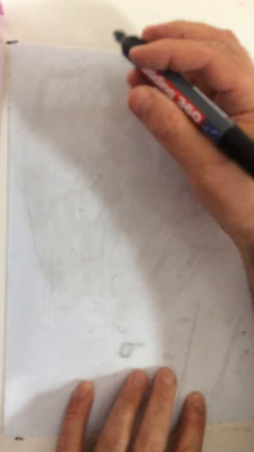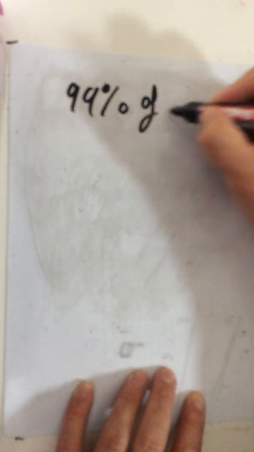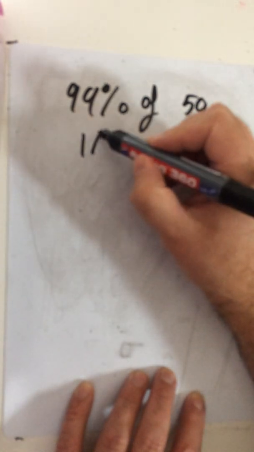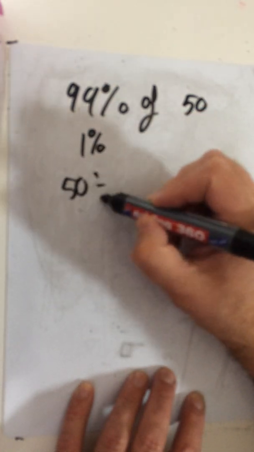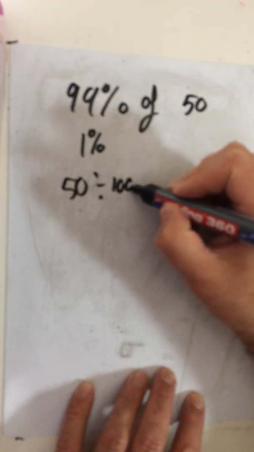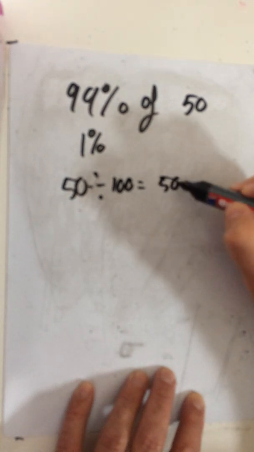So really, as long as I can do those basic ones of 25%, 50%, 10%, 1%, I can kind of find any number. If I wanted to find 99% of 50, actually I would find 1% of 50, so that's 50 divided by 100, 50.00, so that's going to be 50 pence.